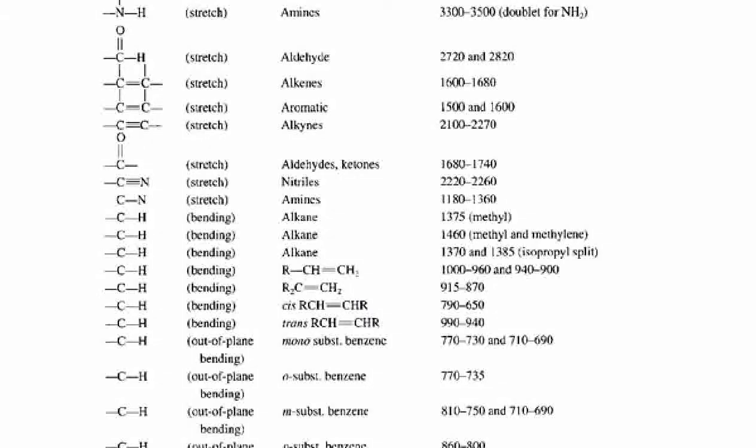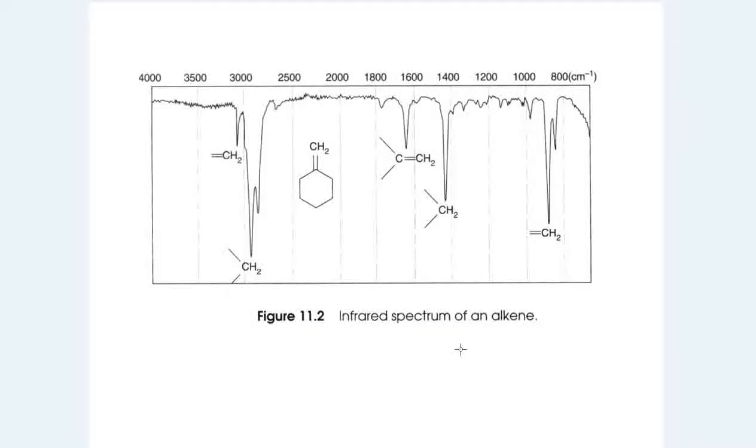Well, let's go back to that spectrum here. This peak here is, as we indicated, the HCH bending peak. Its value is, I estimate, about, I want to say 880, a little bit below 900.